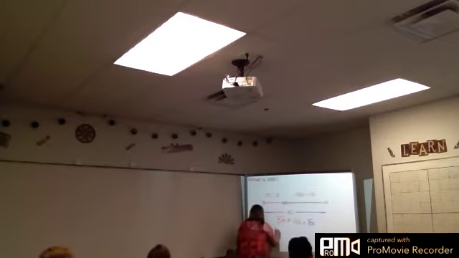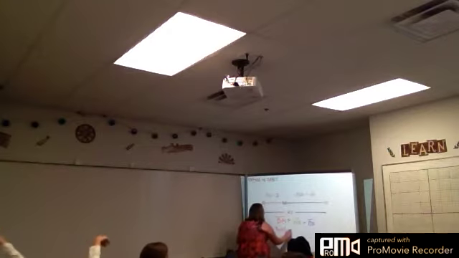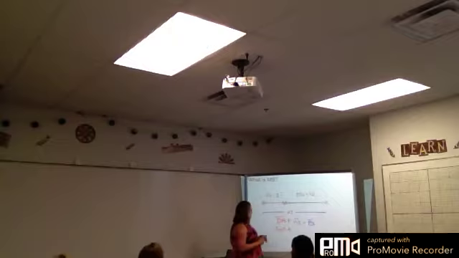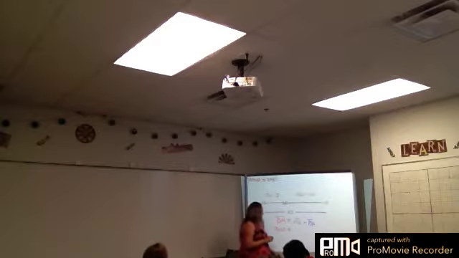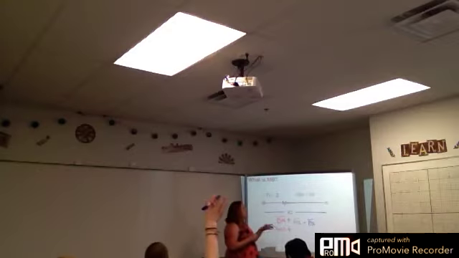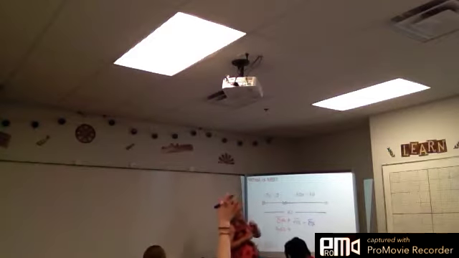Then we're going to come in, and what am I going to substitute in for BM? Negative 7x minus 2. So negative 7x minus 2 is the length of BM. Now, what do I substitute in for the length of MX?